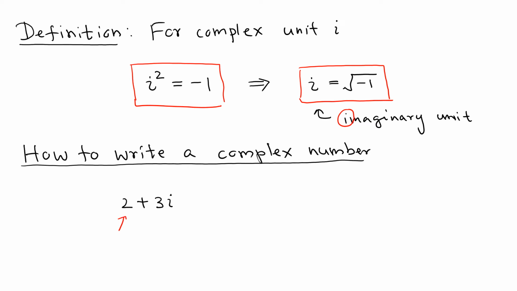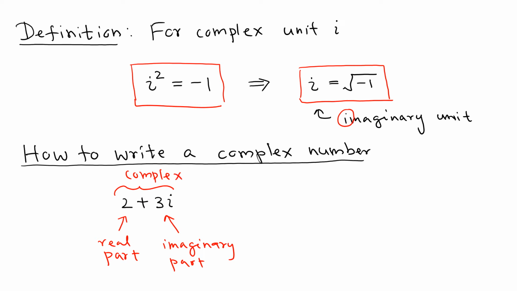The first part, we normally call the real part, because that's a real number. The second part we call the imaginary part. When you have both parts, we call this a complex number.